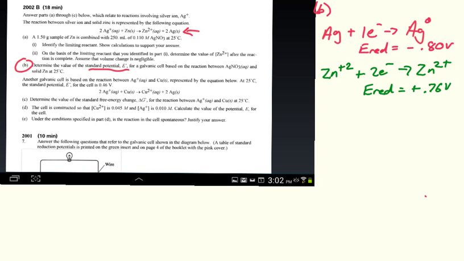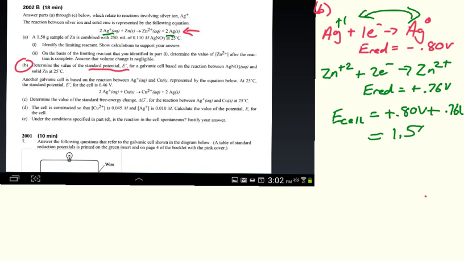You remember one of the 2 is going to have to be flipped over, and it looks to me like it's the silver one because it should be going from the ion to the metal, and right now, I forgot to write the ion charge, it's going the opposite way, so we're going to need to flip that one over, and then we're going to be adding positive 0.8 plus positive 0.76, and that should give us 1.56 volts. And check sig figs, we went 2 places beyond the decimal, 2 places beyond the decimal. So that's our answer to part B.